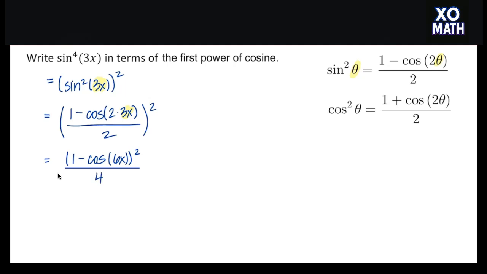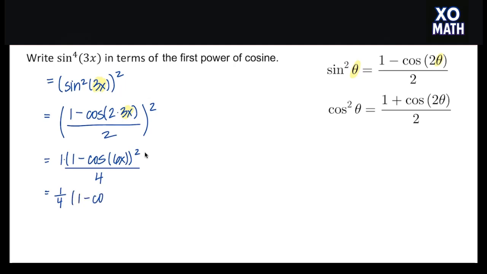So basically, I'm going to keep the 1/4 in the front, because now my job next is to expand out 1 minus cosine 6x, that entire quantity, squared.